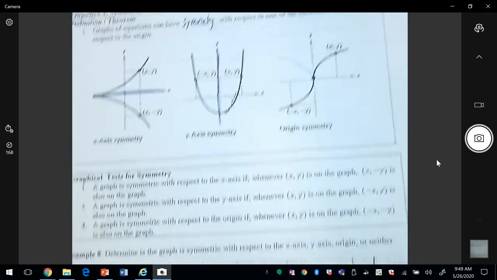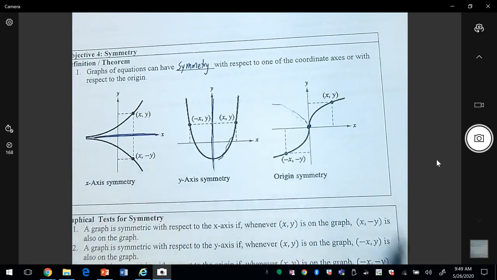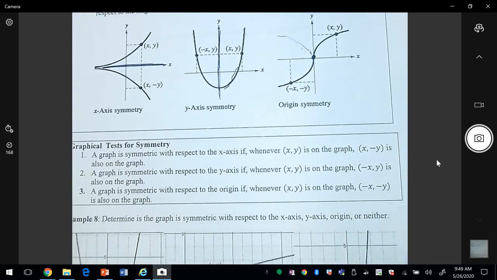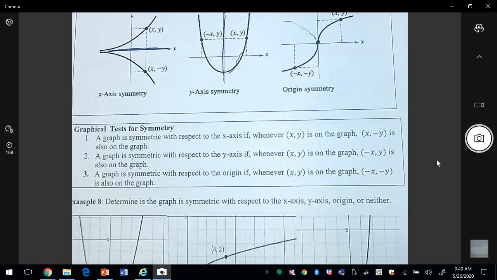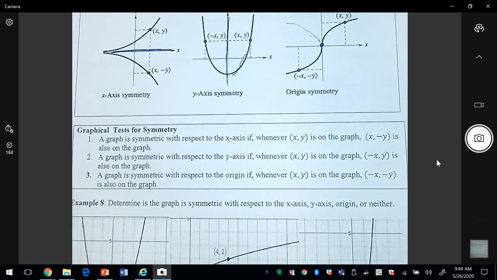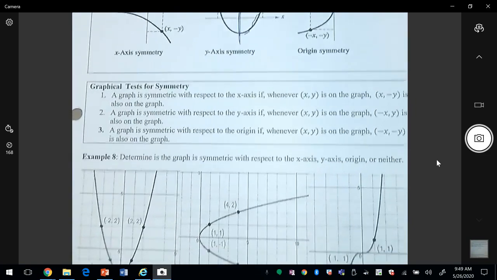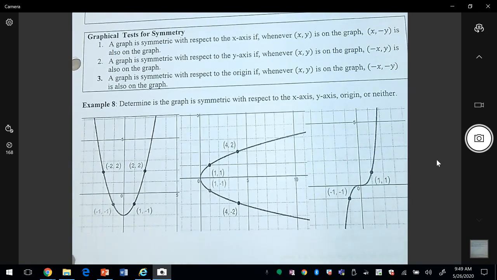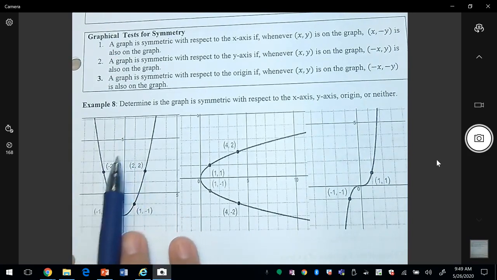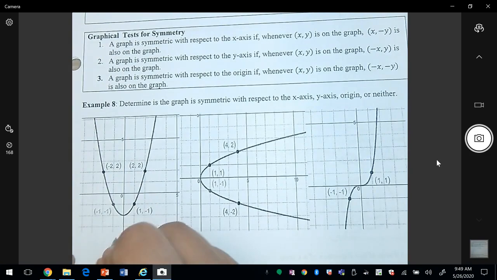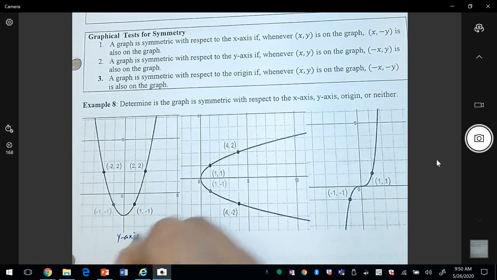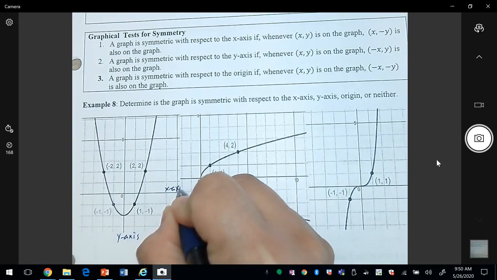So we can figure out symmetry by looking at the graphs, or we also have tests that we're going to be doing algebraically. So first, let's practice with the graphs here. So example 8, is there any symmetry for this graph here? So this is your y-axis, and this is your x-axis.